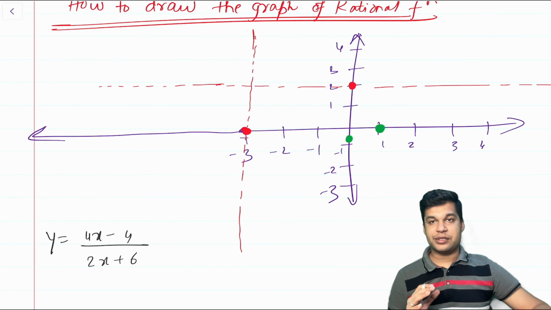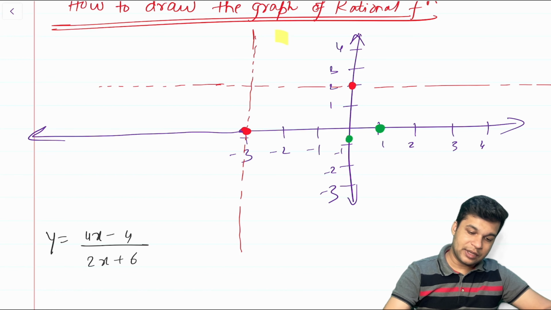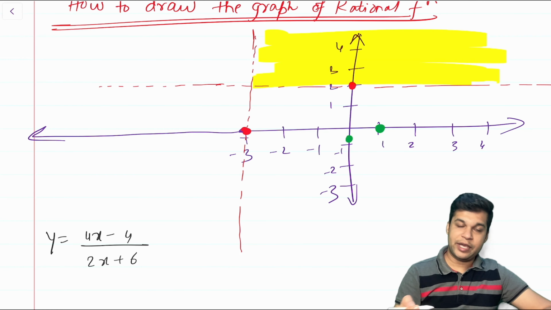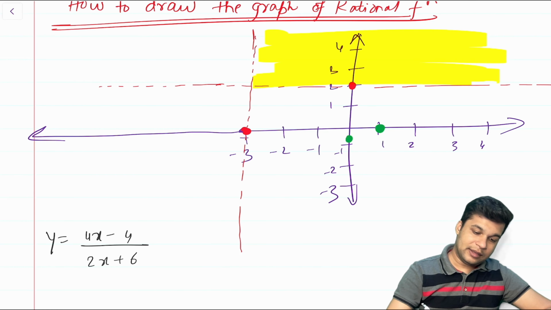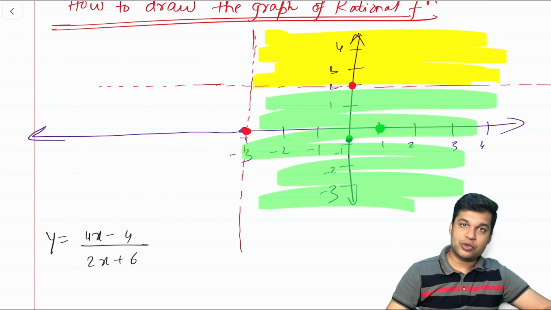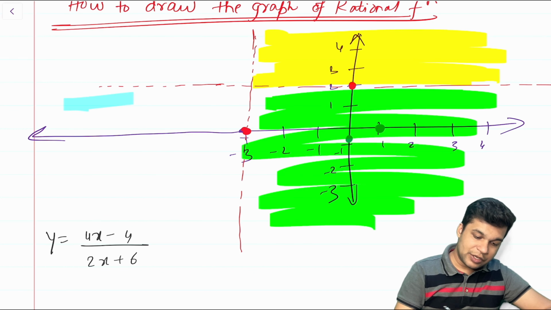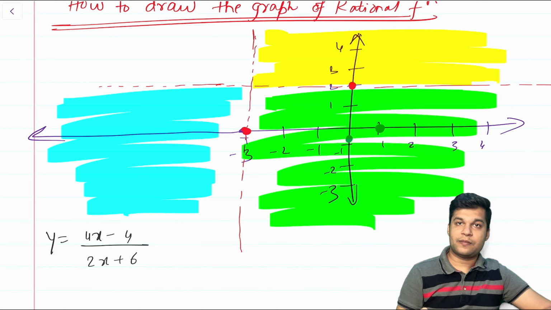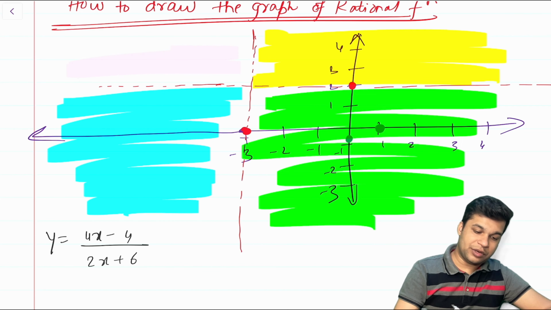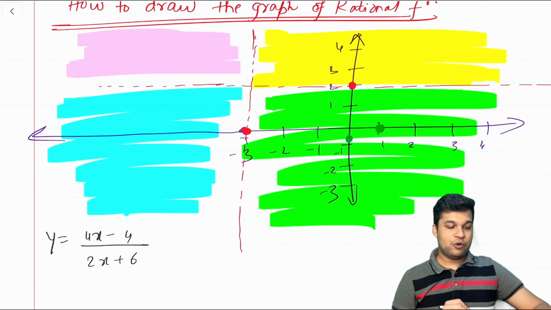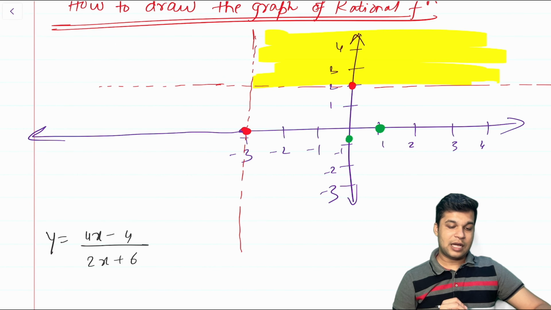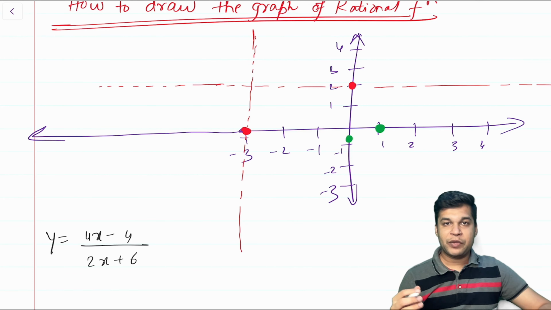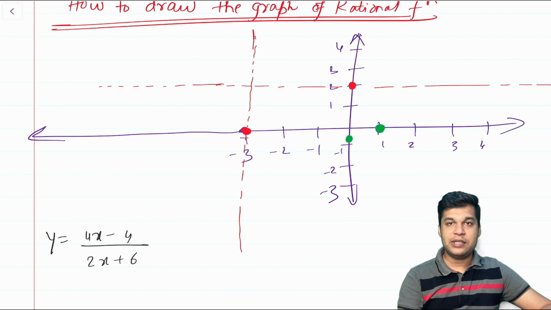Now you have 4 regions. What are the 4 regions? This is your first region, this is your second region, this is your third region, and this is your fourth region. Now you want to see how the graph will look. The last step was judgment. So what is the last step?